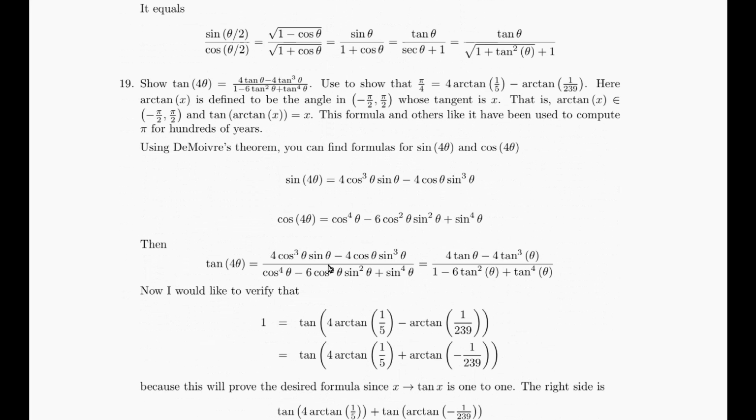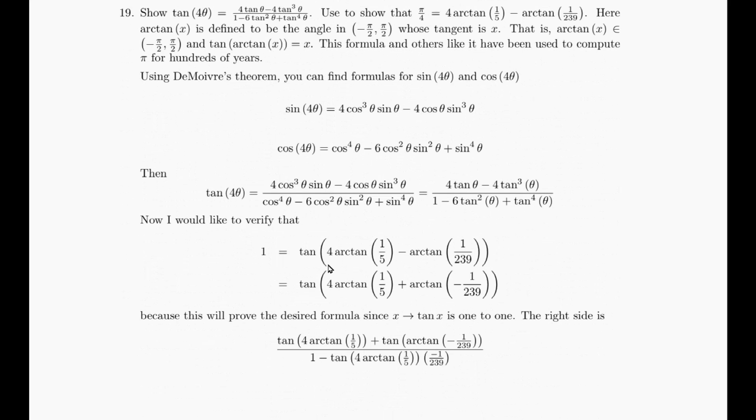Okay, now this next problem is really pretty significant. People who calculate pi like formulas like this. All right, I want to establish that tangent of 4 theta is this complicated expression here. And then I'll use it to show that pi fourths is equal to this.